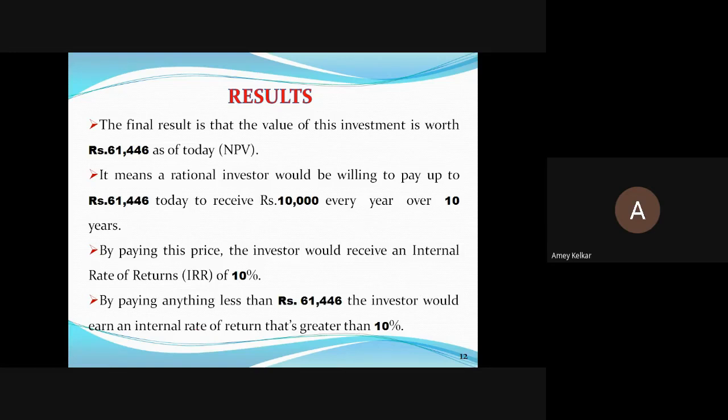If you're taking a discounting rate of 10%, you should not pay anything more than 61,446. This is how, when you are purchasing some existing asset, you have to take a discounting factor matching the market value and find its today's worth, which is nothing but the net present value.